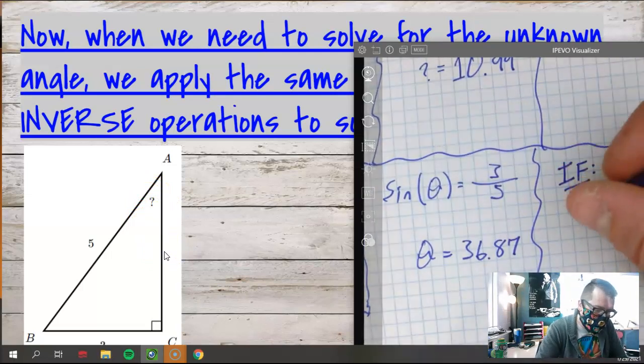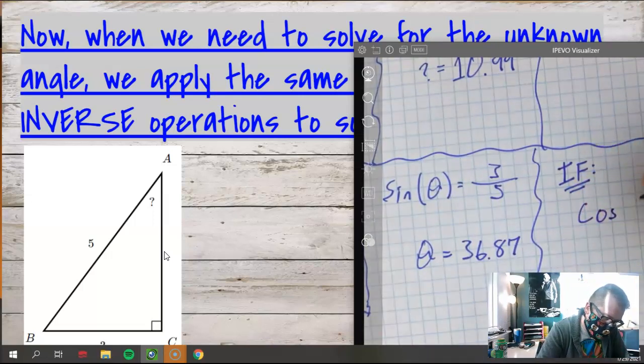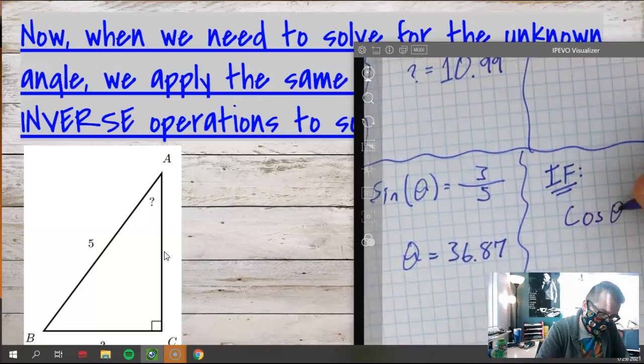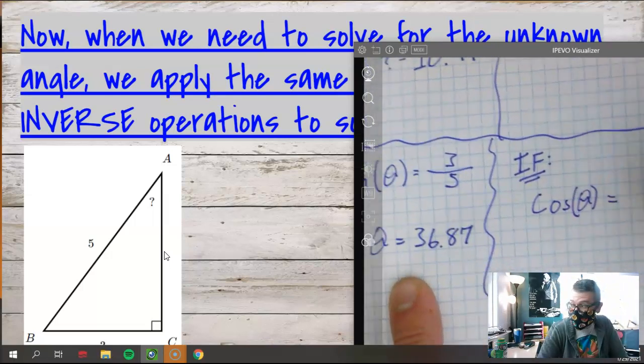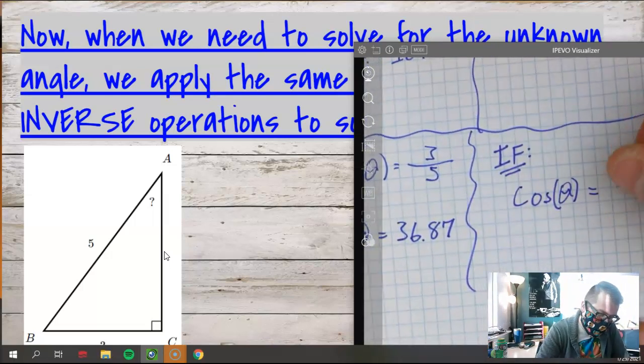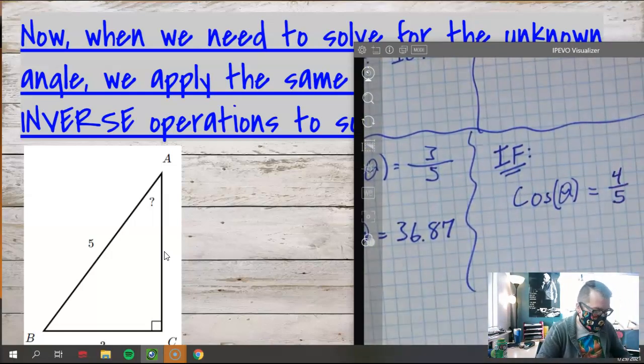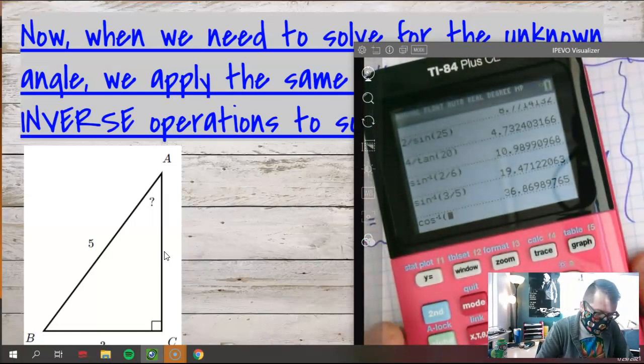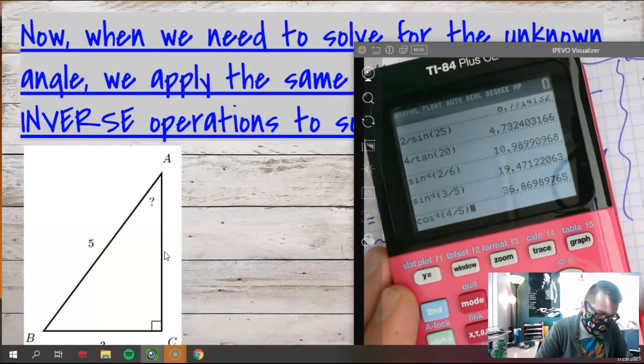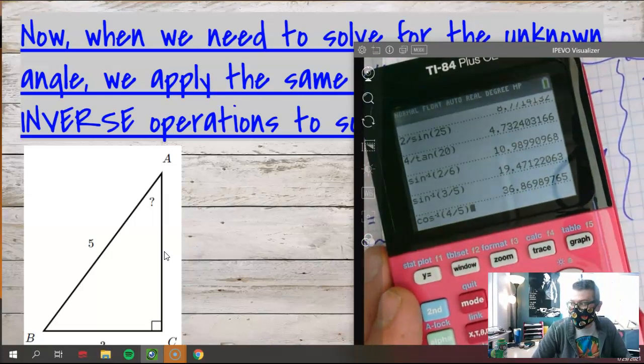So we could do cosine of theta again, because I'm going to see if it comes out to be the same. Cosine of theta equals 4 over 5. So check, does the inverse cosine of 4 over 5 come out to give us the same theta? And it does.